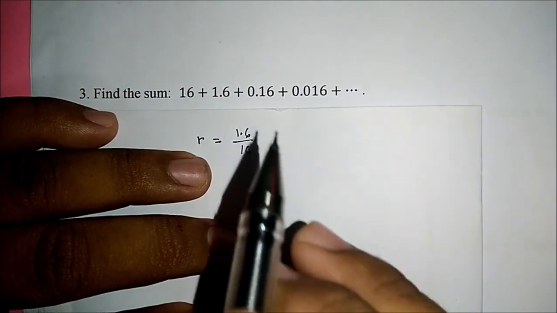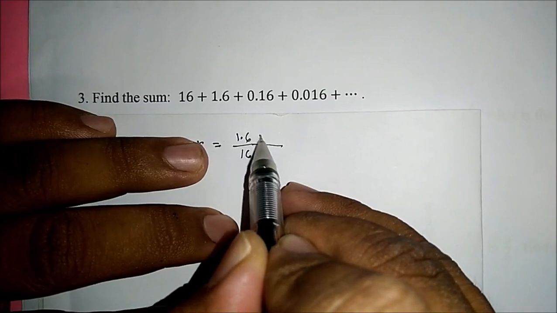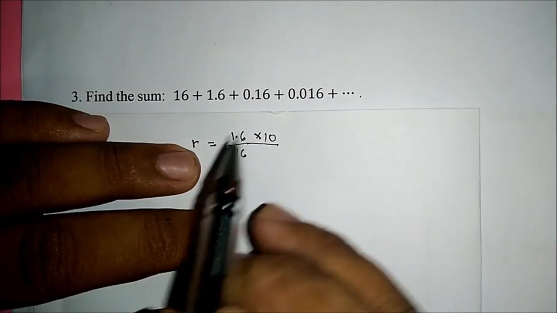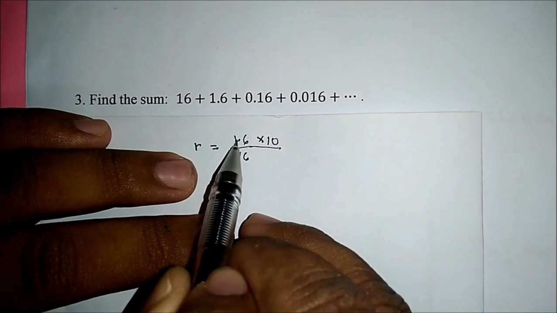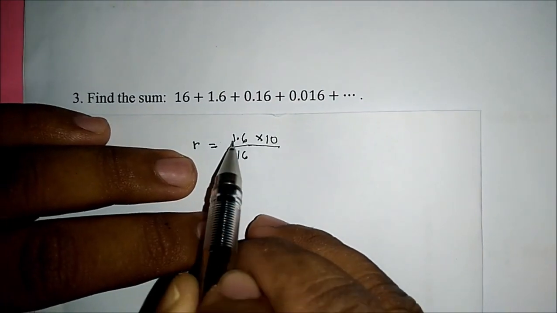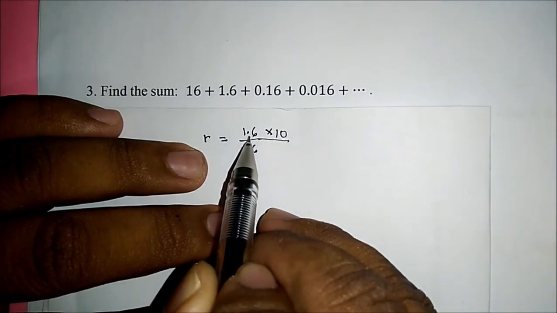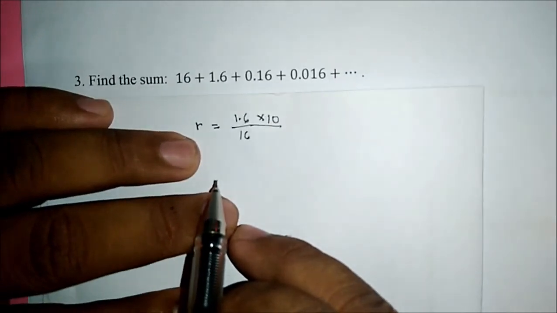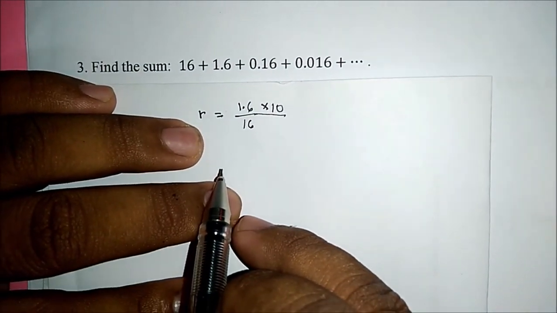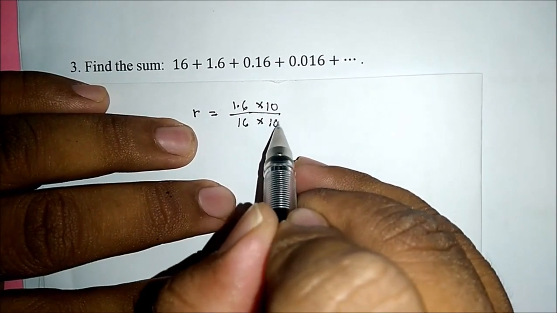The technique is, since we have here one decimal place, you have to multiply this by 10, para matanggal yung decimal. Or kung 2 decimal places, multiply it by 100. Kung 3 decimal places, multiply it by 1,000. But since we multiply the numerator by 10, we also have to multiply the denominator by 10.